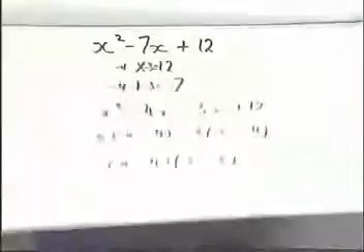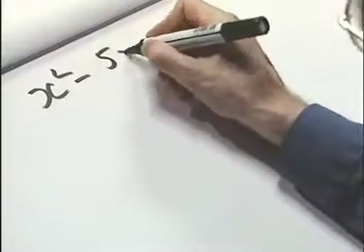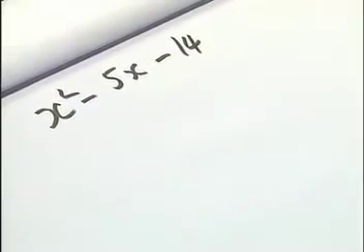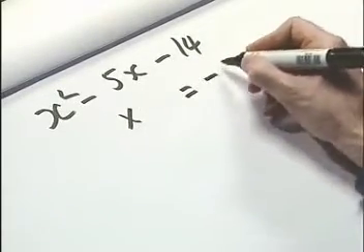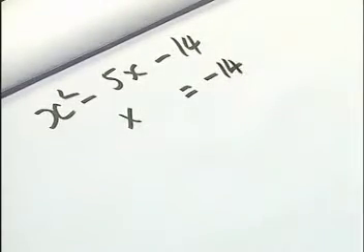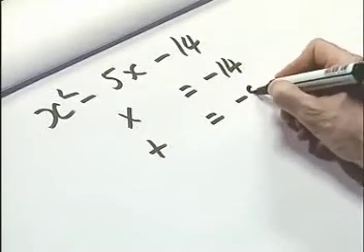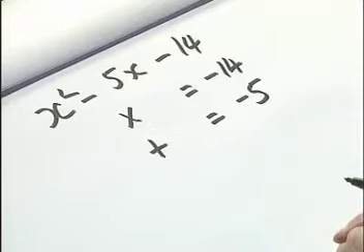Let's take another one. x squared minus 5x minus 14. So now, looking for two numbers to multiply together to give minus 14 and add together to give minus 5. Fairly obvious factors of 14 are 7 and 2.